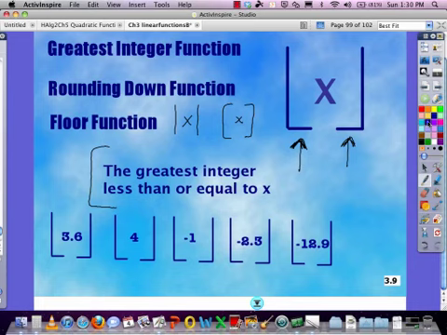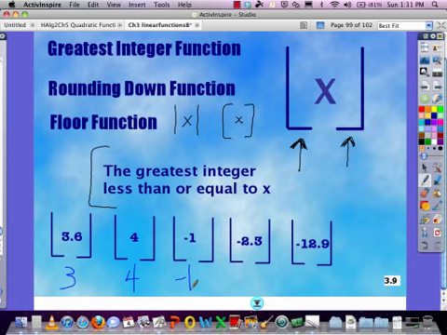So your brain has to say that means I need to round down the number 3.6 to the greatest integer less than or equal to it. So less than or equal to 3.6, we would be looking at the number 3. Rounding down function on a whole number is just that number itself. There is nothing to round. On a negative number, whole, it's just the number itself.